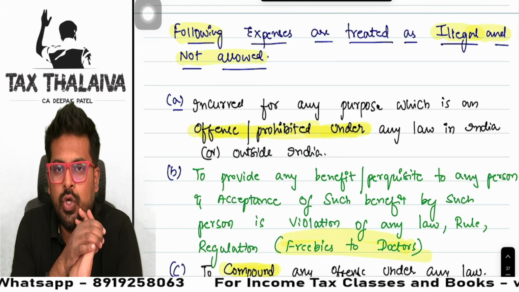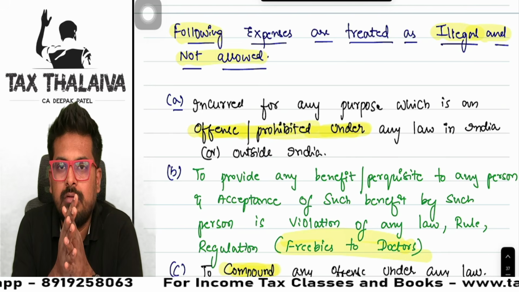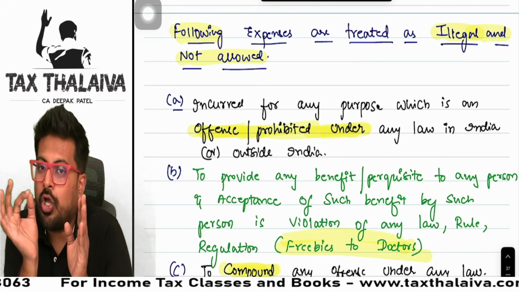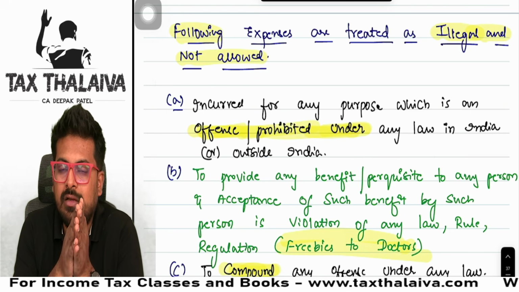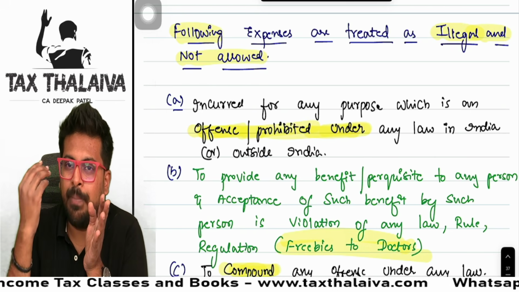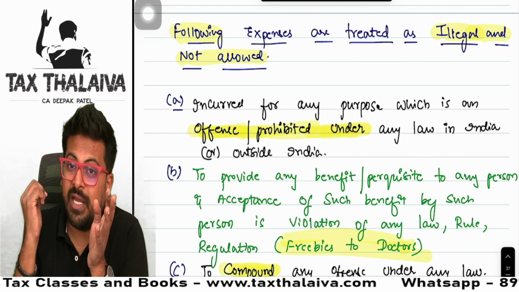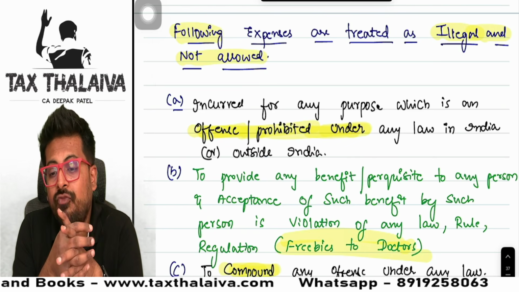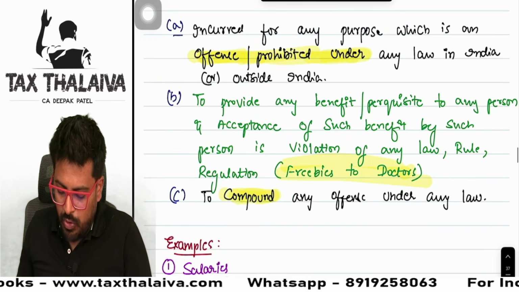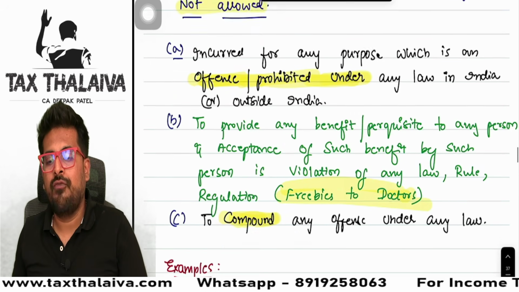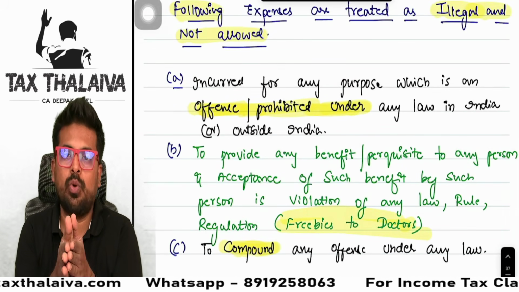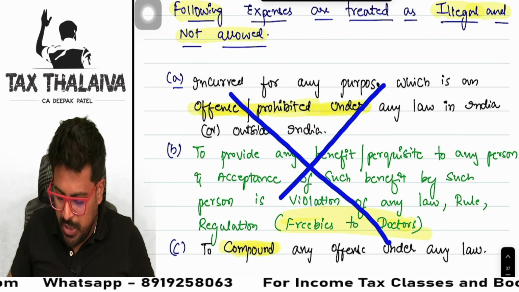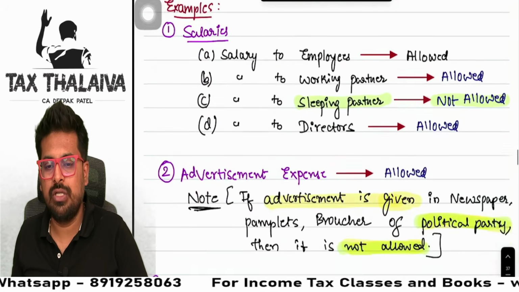Let's say, for example, you have an x-ray scanning center, and you tell doctors, you refer patients here, even if the patient is fully fine, and I'll share some commission with you. That kind of freebies, and any penalties paid for compounding any offense which you committed under any law, these are illegal expenditures. You cannot claim under section 37.